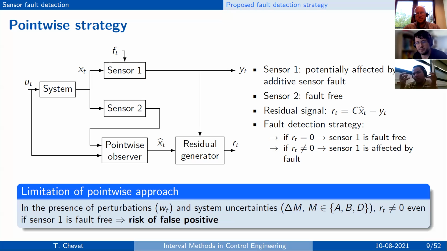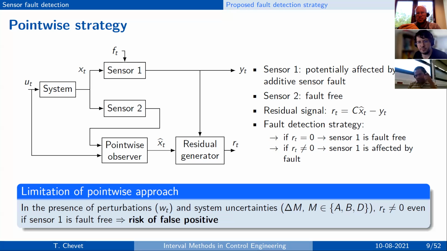So in practice, it's not a fault-free detection. Let's assume an attack, and I produce a fault in more sensors than one.